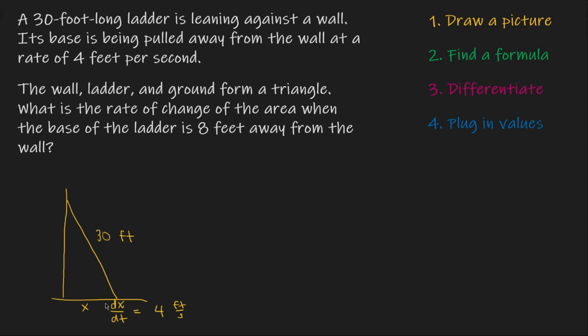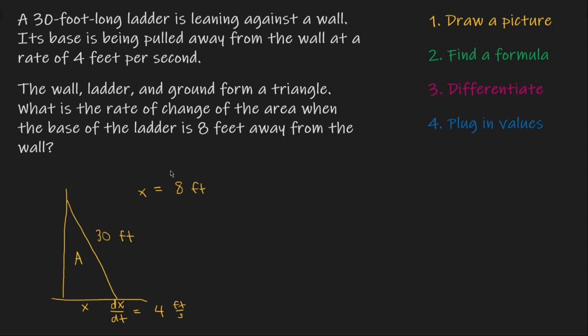The triangle is right here. And what is the rate of change of the area? So we know that we're dealing with the area. We'll write that here. When the base of the ladder is 8 feet away from the wall. So this time, we're dealing with the instant that this x value is going to be 8. So let's label that here, x, the instant that x is 8 feet.